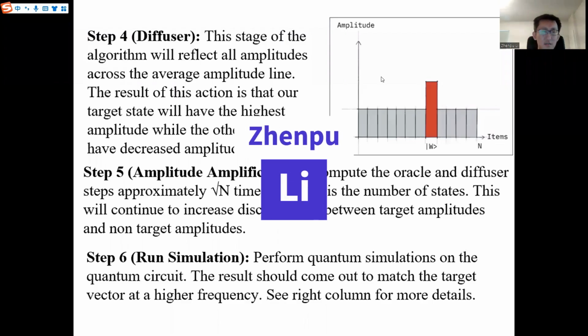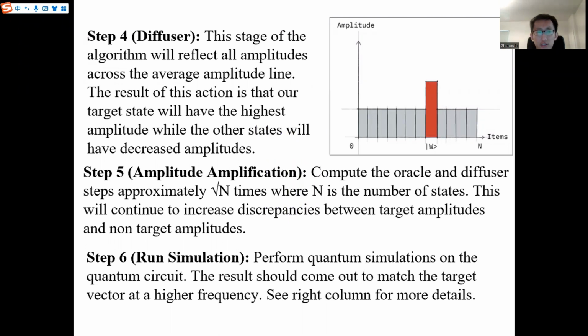Hi, and my name is Lee, and I'll continue to introduce the following steps of the Grover algorithm. After the first three steps Nikita has introduced, the following things are not that difficult.